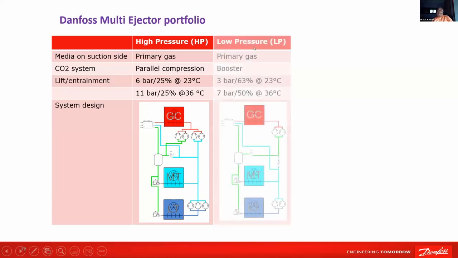Now, LP ejector. In LP ejector, there is no parallel compressor. Here, what happens is from the MT evaporator, you suck into the ejector and raise it to intermediate pressure receiver. Bypass valve is here. The difference is, whatever it is, this compressor is sucking only the suction pressure.